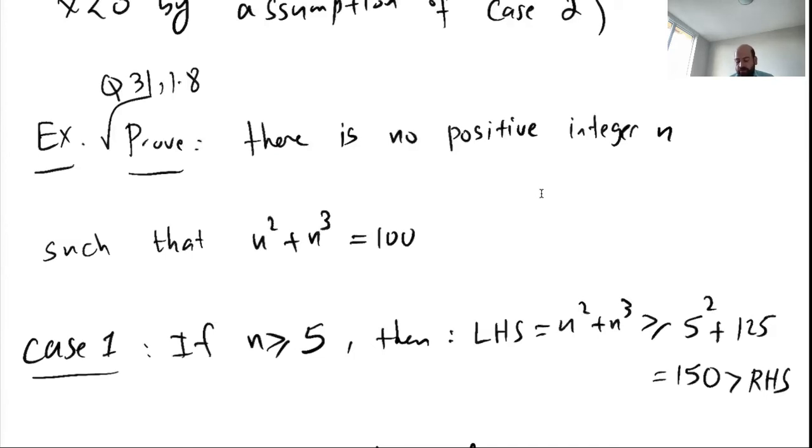What about if I remove the positive integer condition and just consider n to be an integer? If I consider n to be an integer, not necessarily a positive integer, do you think this equation still has no solution? Or do you think there could be some solution in that case?